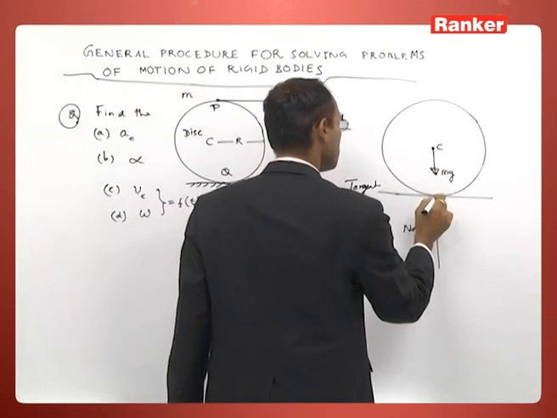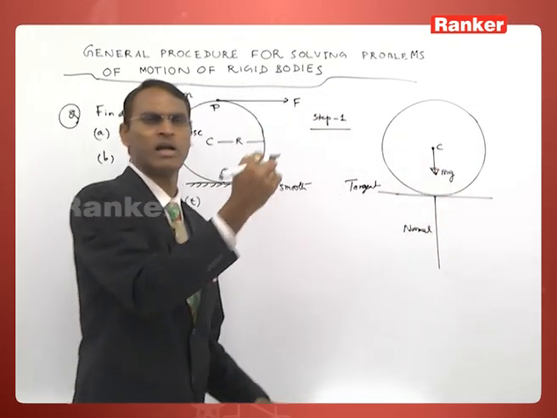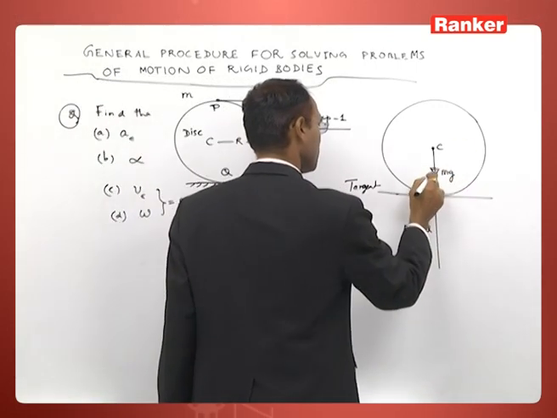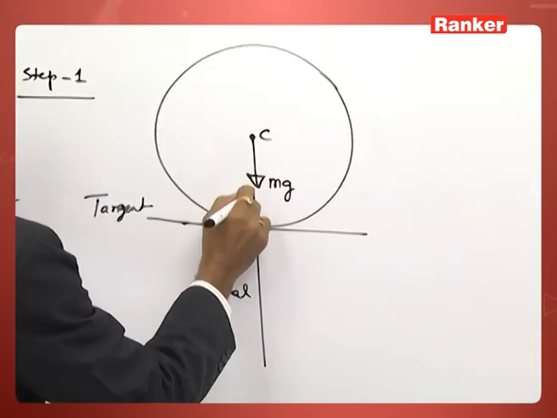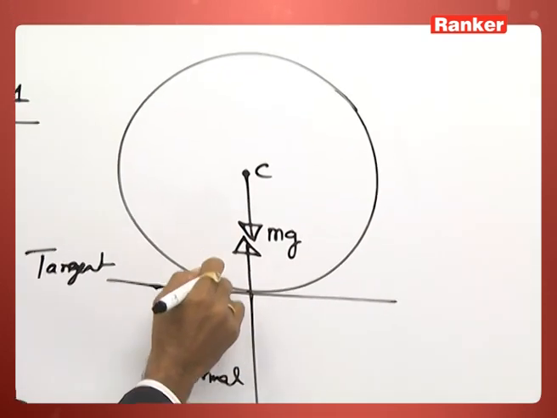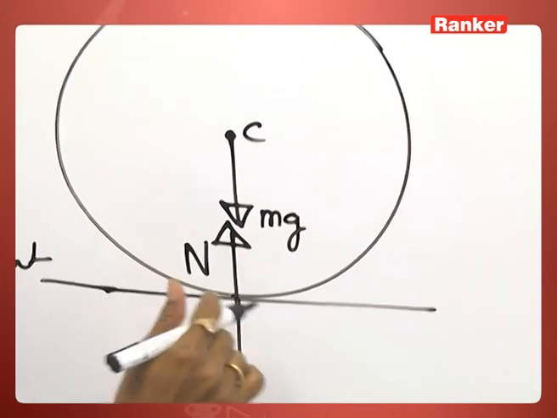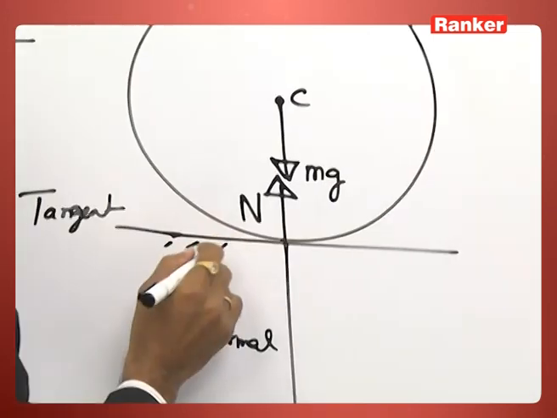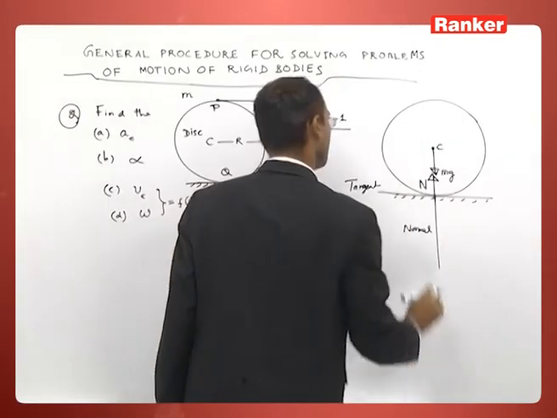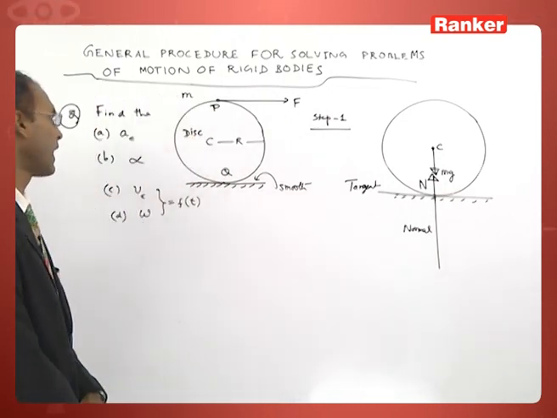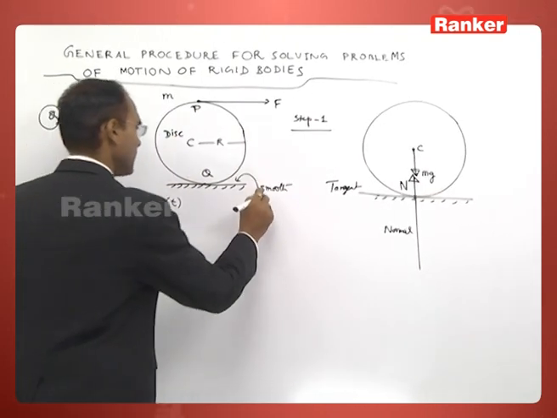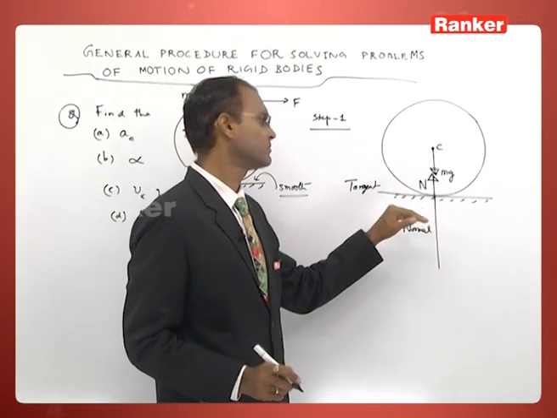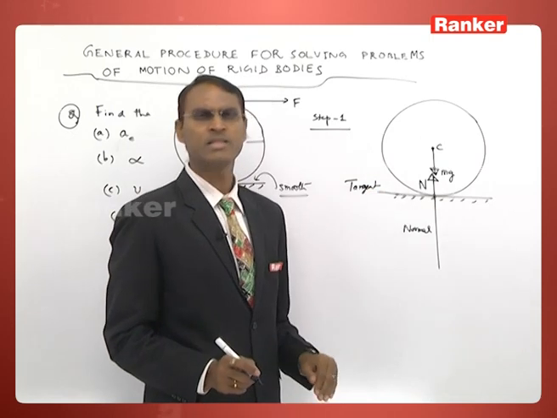Along the normal, the floor will push the disk in the upward direction, and that is what we call the normal reaction offered by the ground. Since the ground is smooth, there is no force acting along the tangential direction. That is the frictional force.